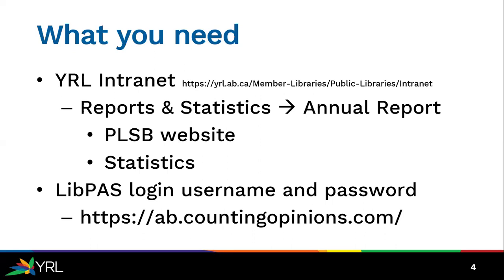If you search the website for the intranet, you can get to it that way. And once you're on the intranet, it's under the Reports and Statistics tab, and then the Annual Reports section. So on that page, you're going to have links to the PLSB website with all of the annual report information that they provide, links to all the statistics that YRL has compiled for your library so that you can fill out the report.